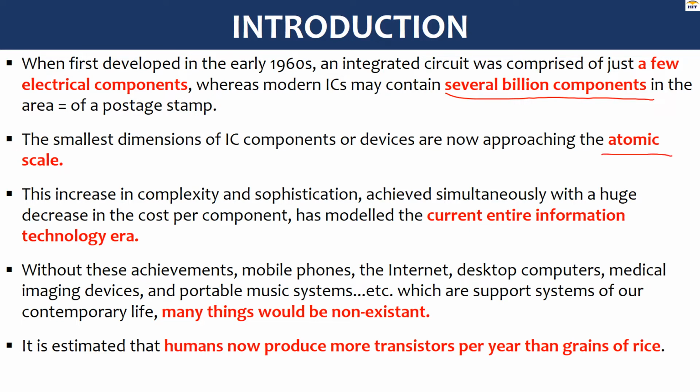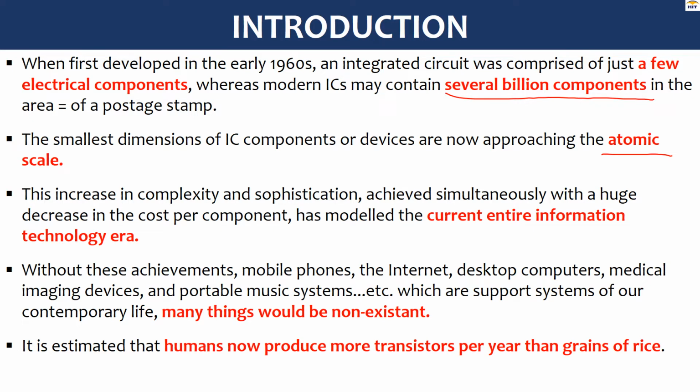Without these achievements, most of the technology that we are using now, especially in the internet, in artificial intelligence, in communication devices, and so on, would be non-existent. Why? Because it would have very big components to carry out the functions that it is carrying out now.